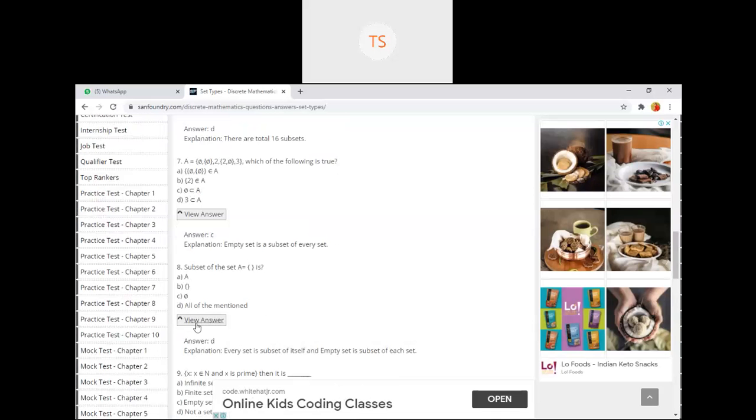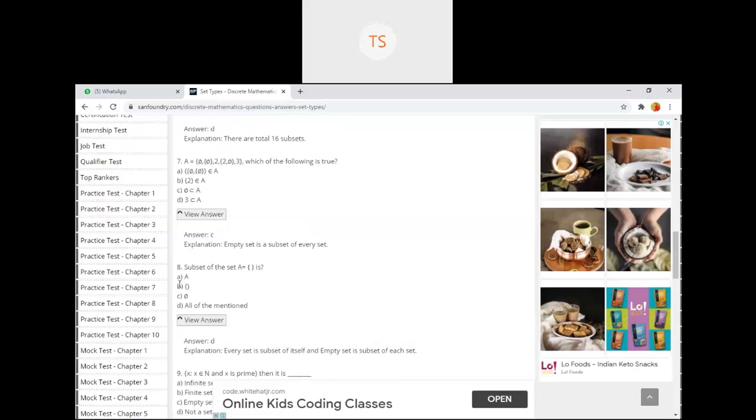See, the correct option is option D, because the set A itself is an empty set. So yes, A is a subset of itself. Again, this represents the empty set, so yes, this is also a subset. That means options A, B and C will ultimately represent the null set.